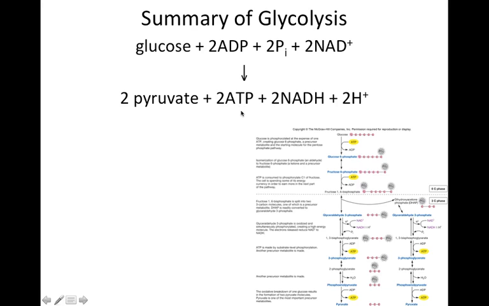It takes 2 ATP to get this process started, and then you get 4 out, but you have a net of 2 ATP overall. And you get 2 NADH because NAD is being reduced to NADH as the glyceraldehyde 3-phosphate is converted to 1,3-bisphosphoglycerate. This happens twice because you have the breakdown of glucose into 2 3-carbon molecules.